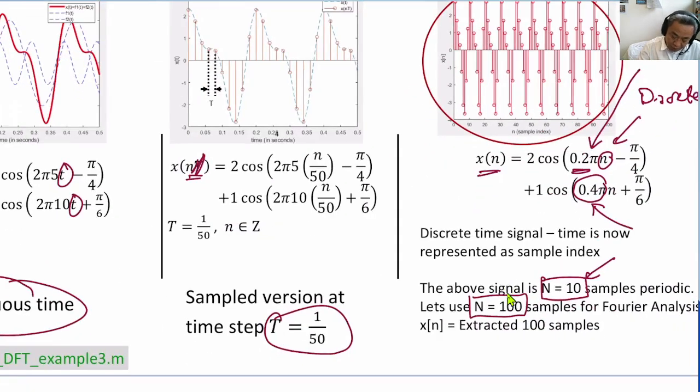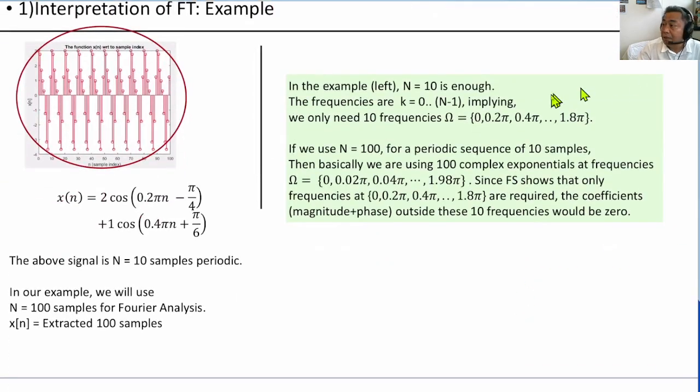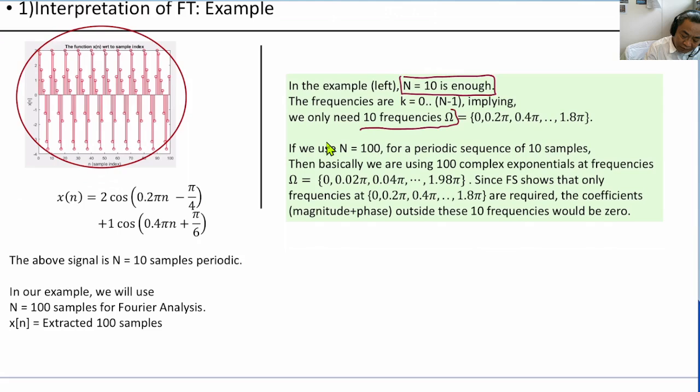Okay, so what's going to change? Alright, let's see the next slide. So this is what I'm saying. If it is periodic with 10 samples, it is enough to take 10 samples and then perform Fourier series. When you take 10 samples, you are actually dividing the frequency domain from 0 to 2 pi into 10 parts.